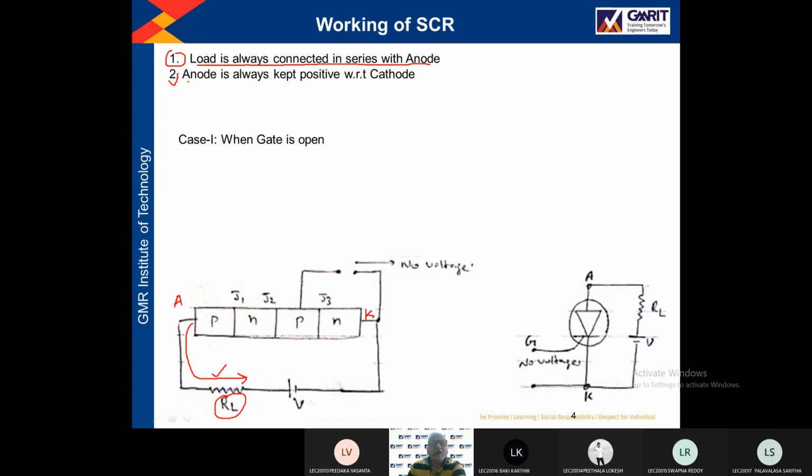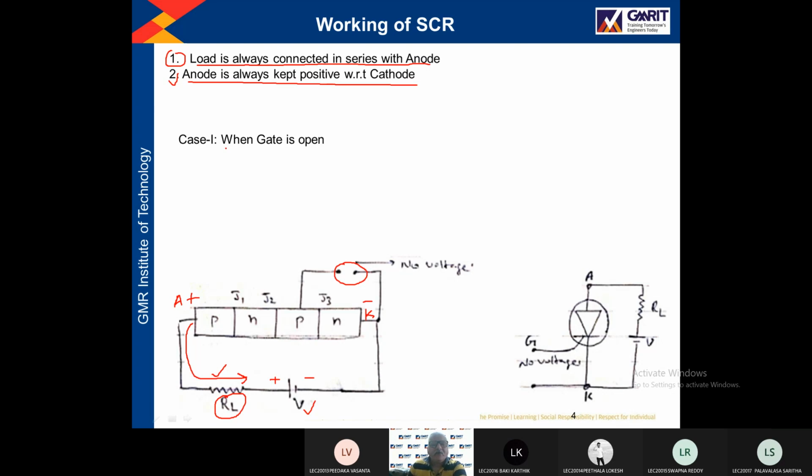Then second point, anode is always kept positive with respect to cathode. So I have connected this battery, this voltage. This end is positive and this end is negative. And here there is a gate, where you can apply a voltage or keep it open.